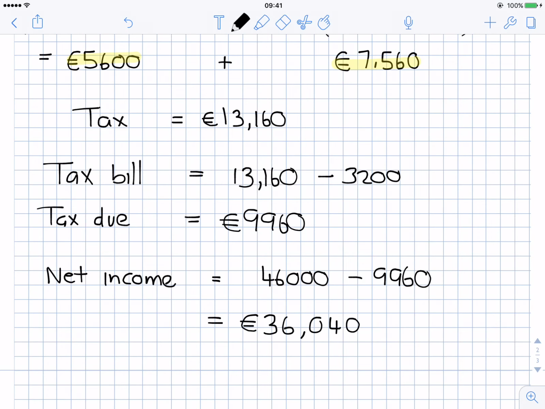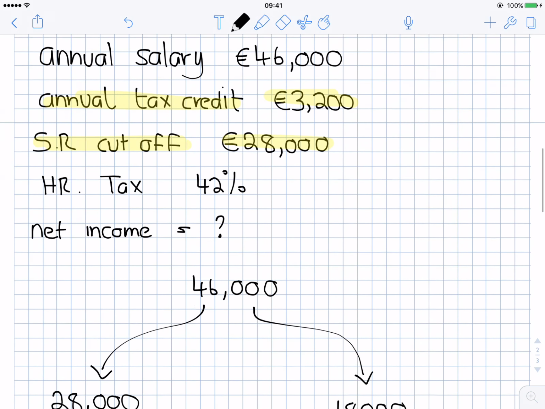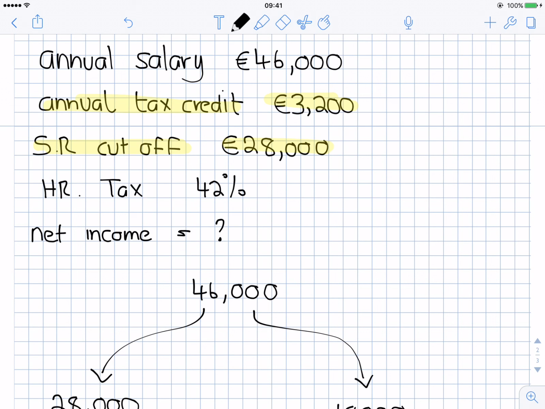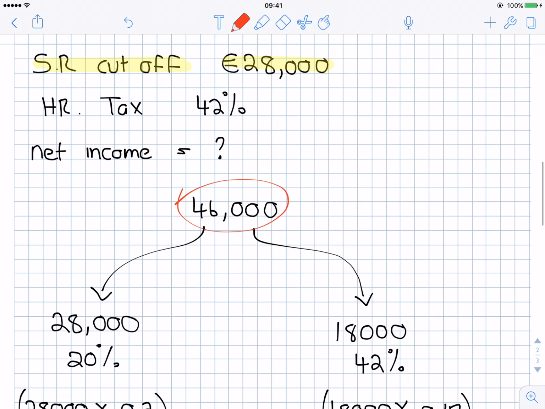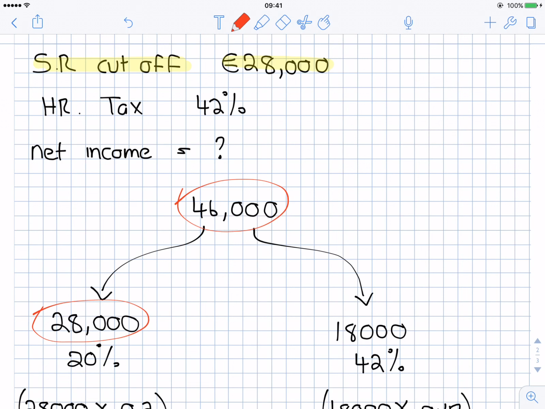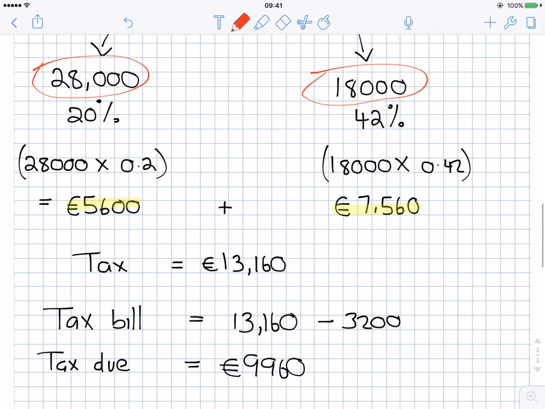So I'm just going to go back through that one there so you can see it again. We're told her annual salary is €46,000. She has an annual tax credit of €3,200, and the standard rate cut off is €28,000. So that means her €46,000 is split up into two parts: 28,000 at the 20% rate, and the rest, which is 18,000. And where did I get the 18 from? That's 46,000 minus 28,000. So 28,000, she's due 20% tax on that.